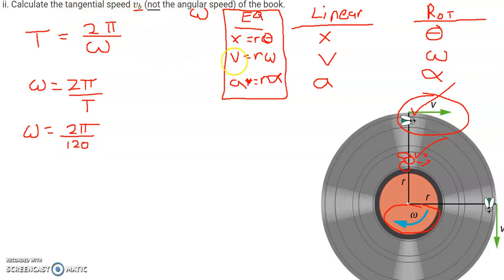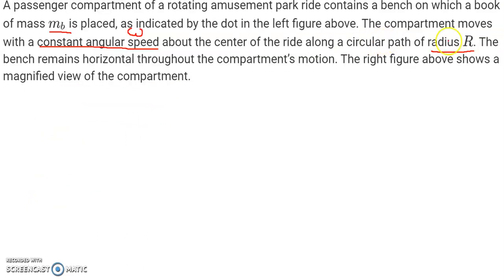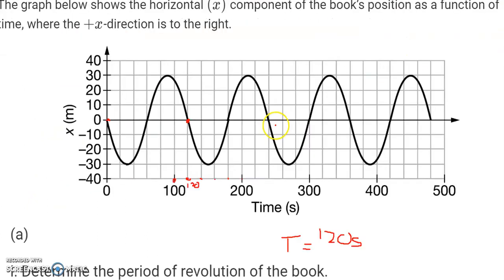Let's find the tangential speed. Using this equation right here, we know that v equals r times omega. So that means the radius, radius r.